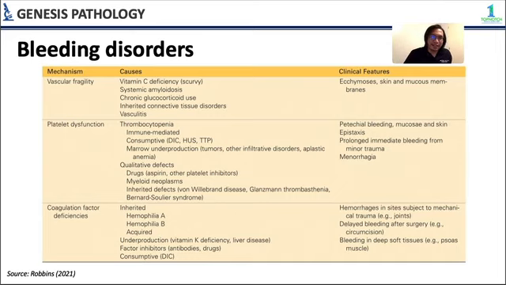Okay? Other causes ng bleeding disorders due to vascular fragility is your systemic amyloidosis, chronic glucocorticoid use, connective tissue disorders, no? For instance, yung mga Ehlers-Danlos, Marfan's, ganyan, vasculitis. Okay, platelet dysfunction, of course, thrombocytopenia. So, thrombocytopenia, konti platelets mo, no?